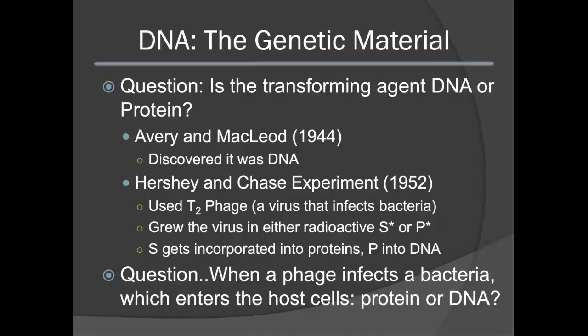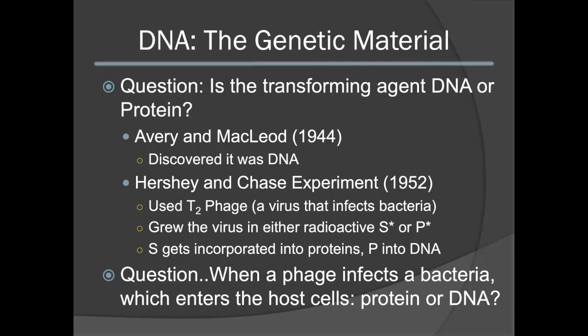The previously outlined experiments were important in demonstrating that bacteria can undergo transformation. However, it was currently unknown whether that transforming agent was DNA or protein-based. Avery and McLeod, important scientists, discovered that the transforming agent was indeed DNA-based.